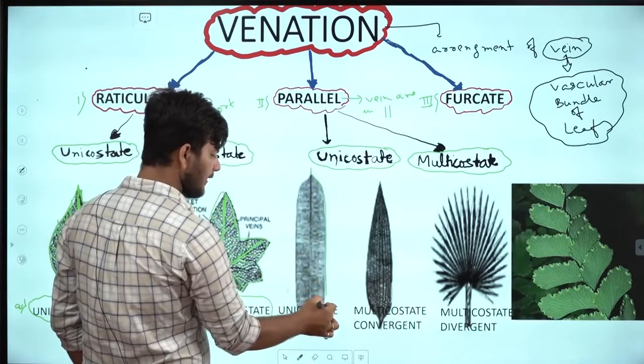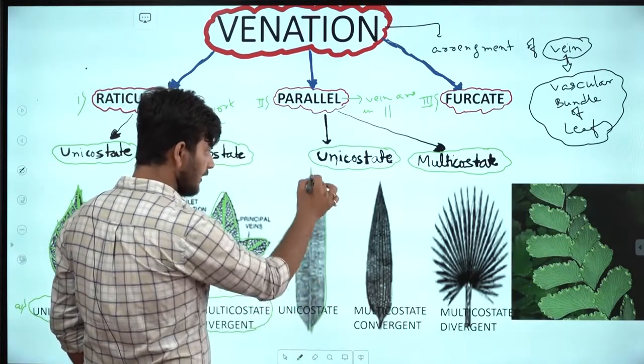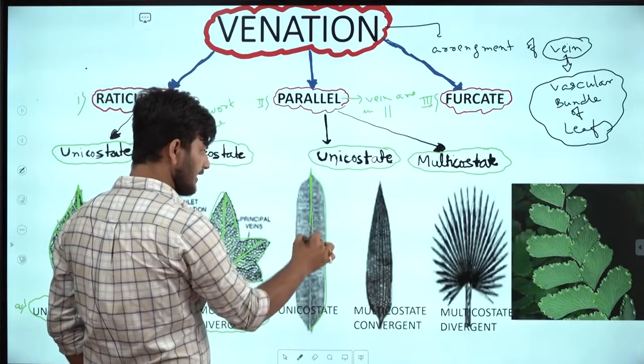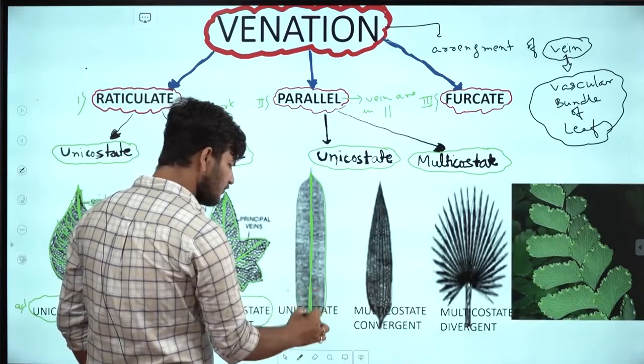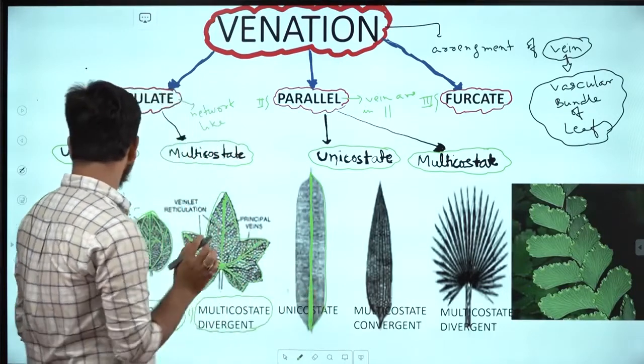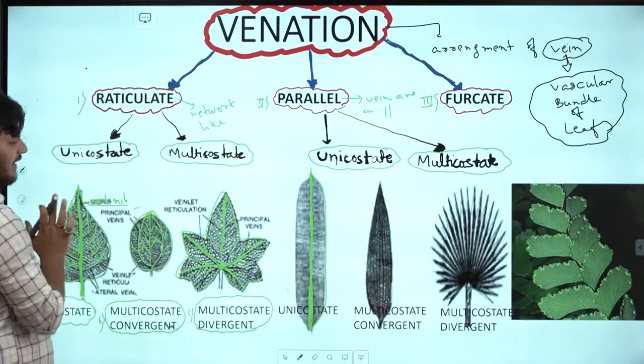Okay, let me show the figure of unicostate. Here, what is going to happen? There is a midrib. The characteristic identification of the unicostate is that it has a midrib.